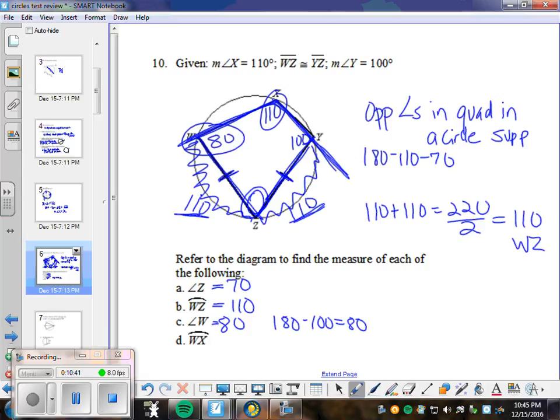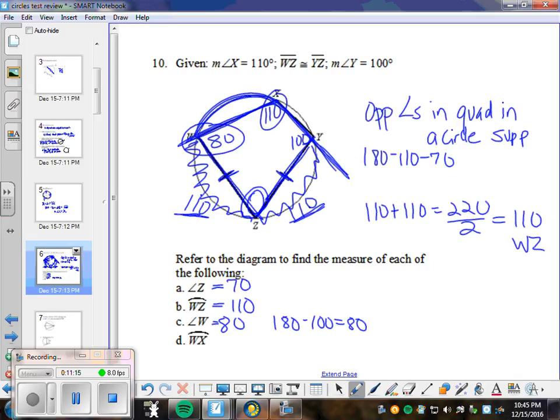Okay, WX, the arc WX, okay? Well, you know this is 110 and 110.